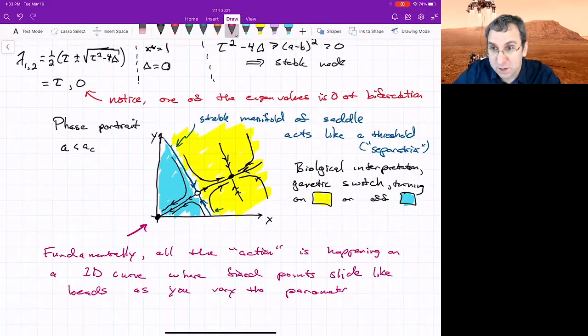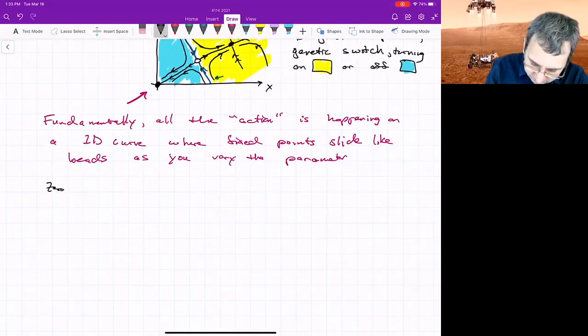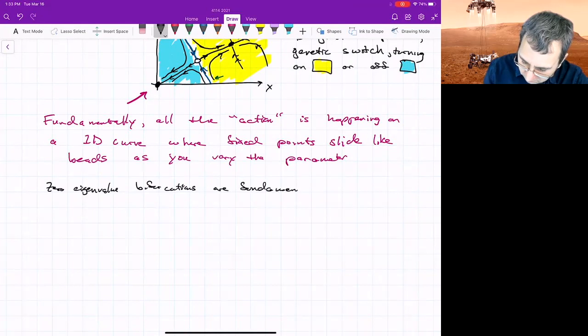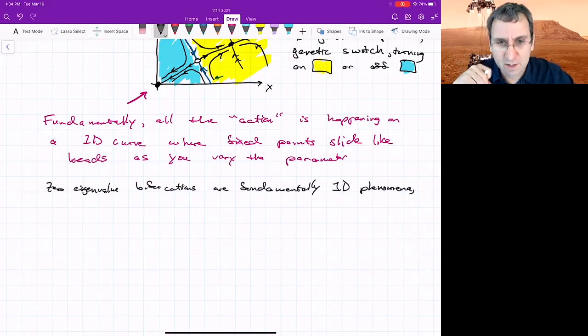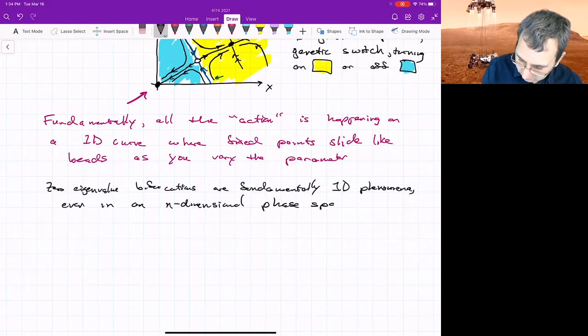They happen in some one-dimensional subspace. Single zero eigenvalue bifurcations are fundamentally 1D phenomena. And here it's 1D in a 2D space, but they're fundamentally 1D phenomena even if we were in an n-dimensional space, which is pretty amazing.